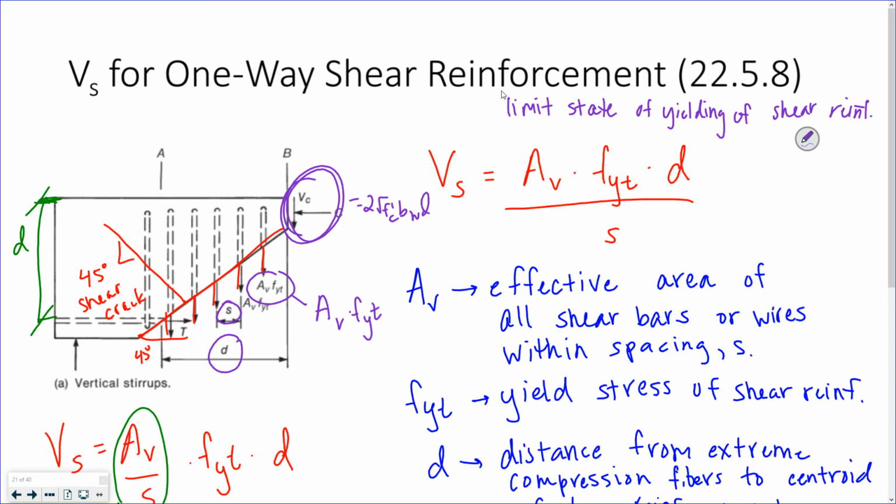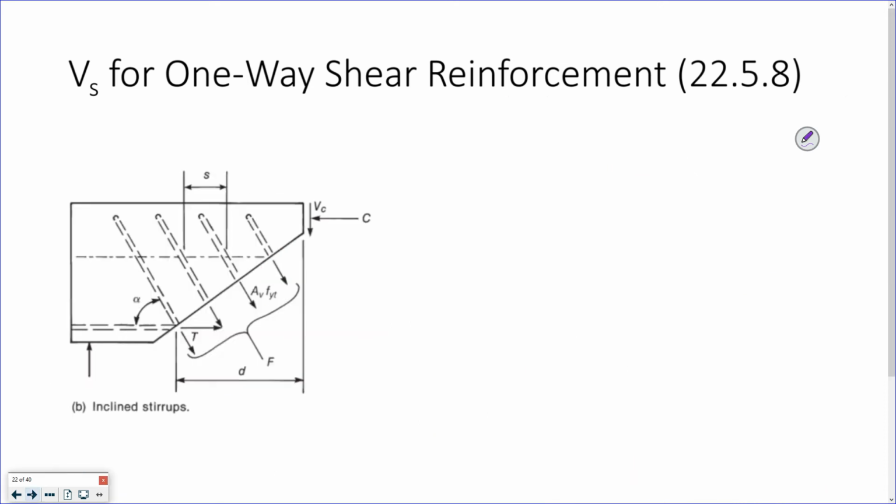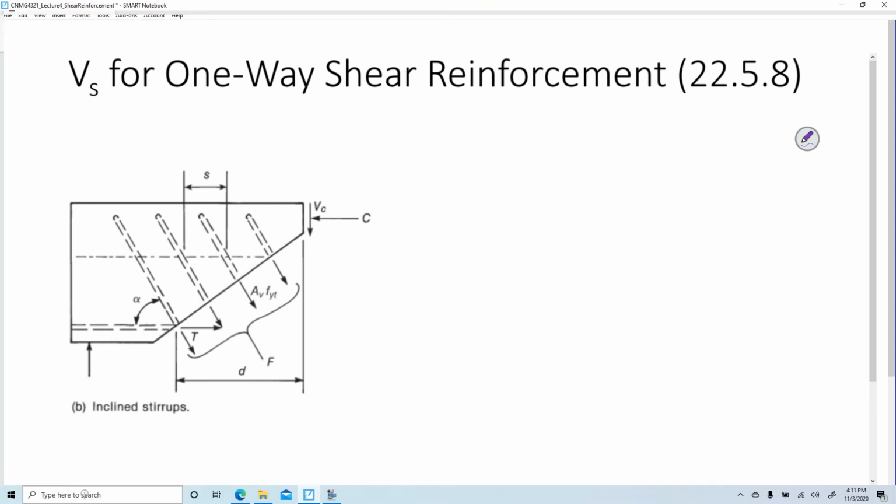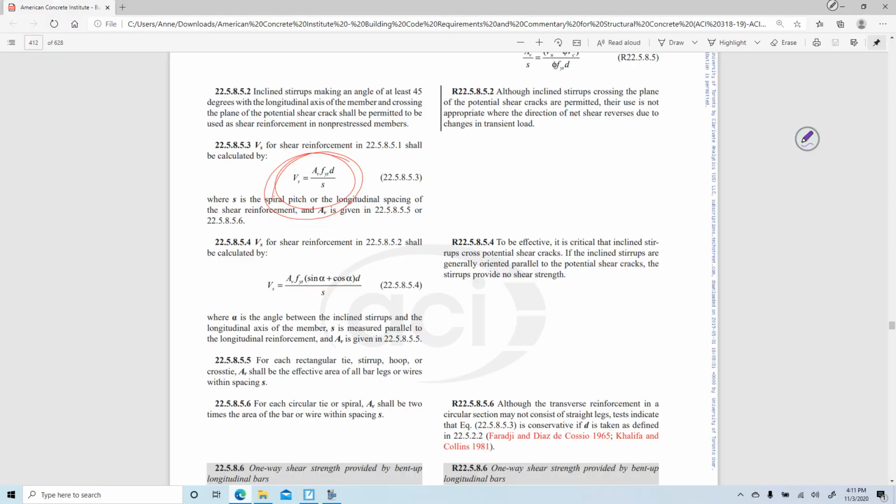This is assuming vertical reinforcement. If you have inclined reinforcement, that equation is just below. The other one, now you have to multiply it by sines and cosines.